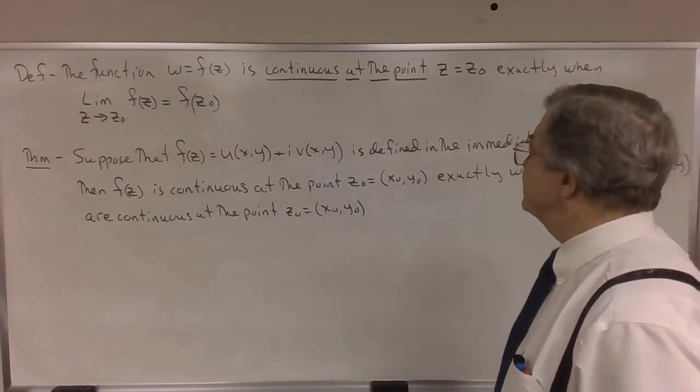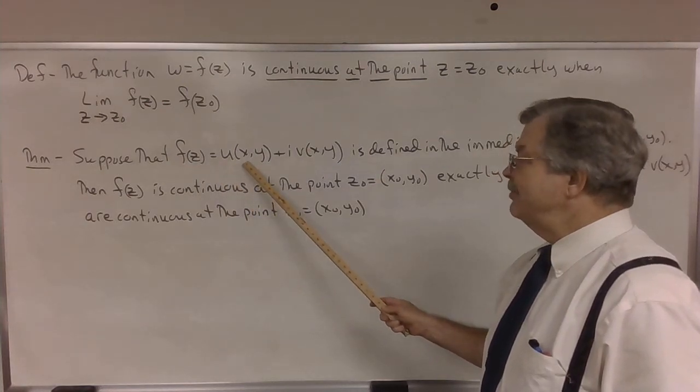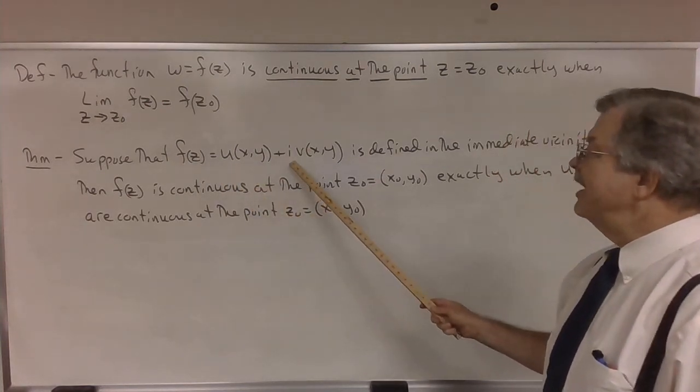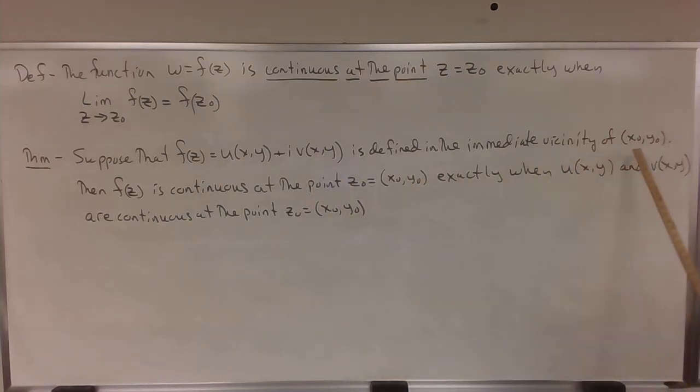Now, theorem. Suppose f of z, which is u of x, y, the real part, plus i v of x, y, the imaginary part, is defined in the immediate vicinity of x naught, y naught.